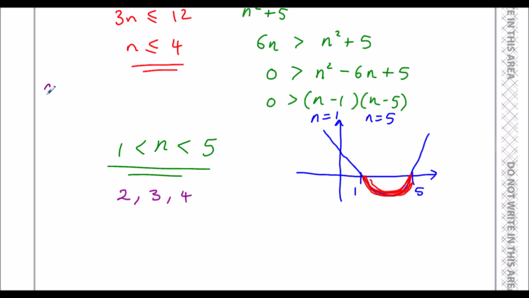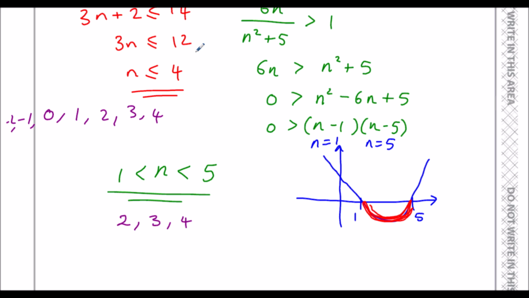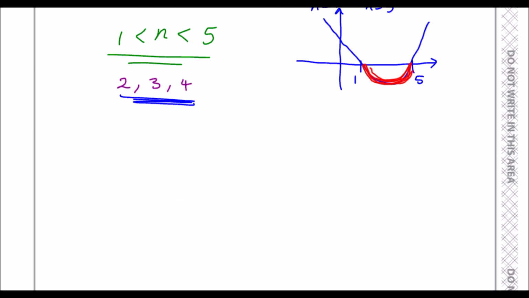So it can be negative as well, 0, 1, 2, 3, 4, and all the way, never ending, into the negative numbers. But it's got to fit both of them. So which numbers fit both? 2, 3, and 4. So the answer: n can be 2, 3, or 4.